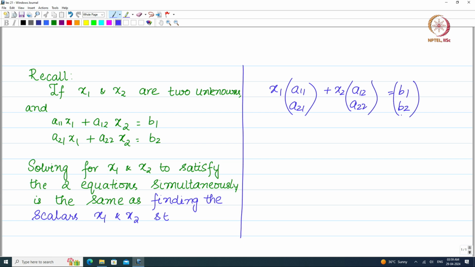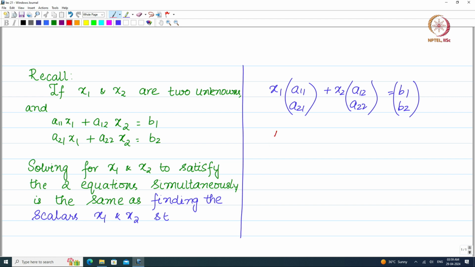That means finding the scalars such that we write the right hand side vector, which is basically the b vector, as the linear combination of the two component vectors, namely the vector whose components are a11, a21 and the other vector a12, a22, which we actually captured in terms of a matrix.